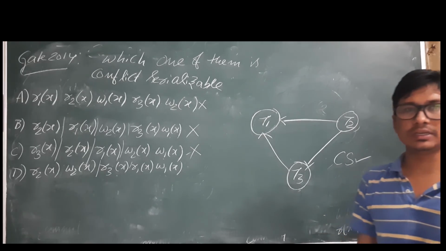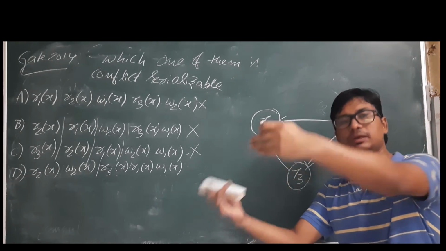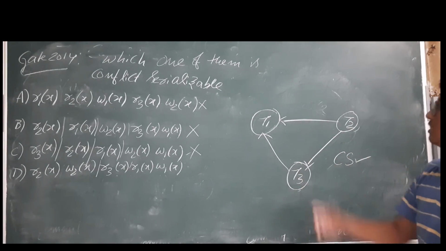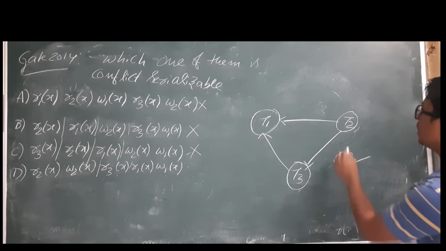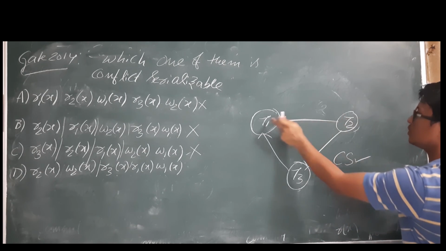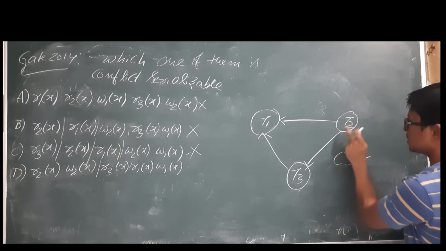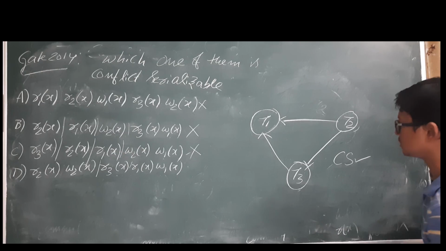Then you can ask me, sir, if it is conflict serializable, it should be conflict equivalent to some serial schedule. What is that serial schedule? We have to use the topological order. Because there is an edge from transaction 2 to transaction 1, then transaction 2 to transaction 3, and there is an edge from transaction 3 to transaction 1.